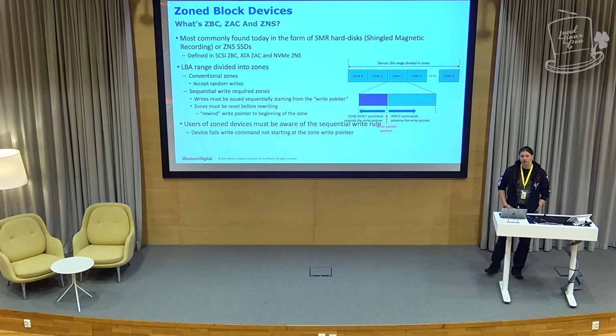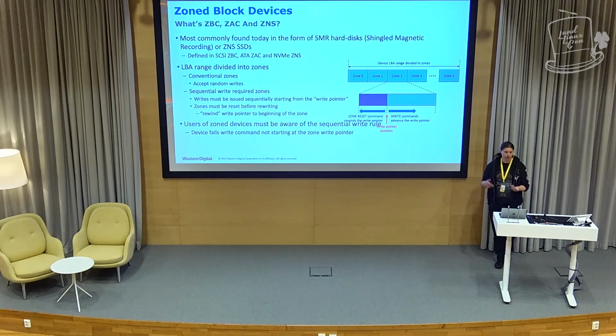So what are zoned block devices? Zoned block devices are today most commonly found in the form of shingled magnetic recording HDDs, and just recently ZNS SSDs. They're defined in SCSI with ZBC, ATA with ZAC, and NVMe with the ZNS command sets. A zoned block device works by dividing its LBA space into zones. For hard disks, we have conventional zones, which act basically like you'd expect a hard disk to work.